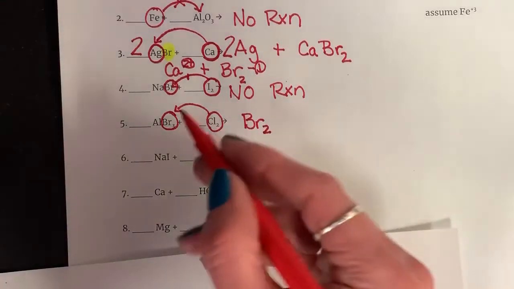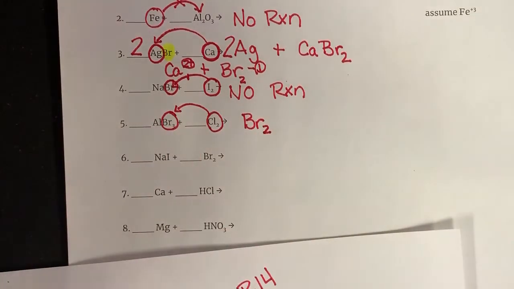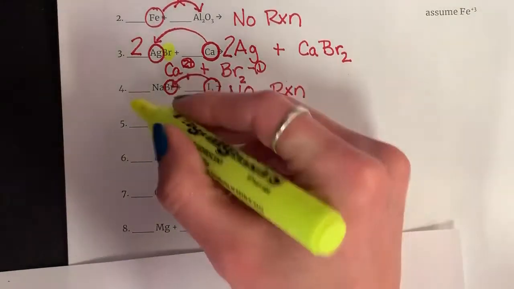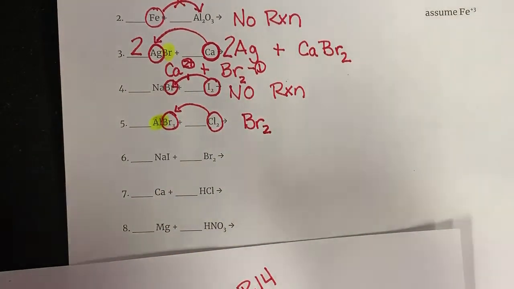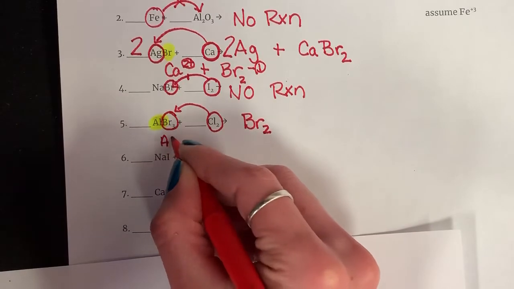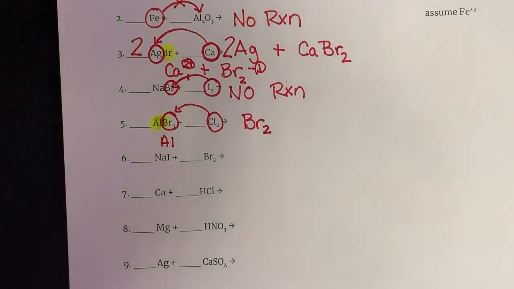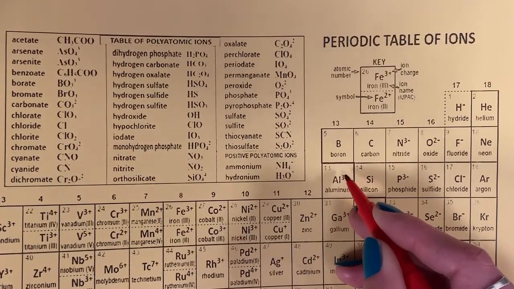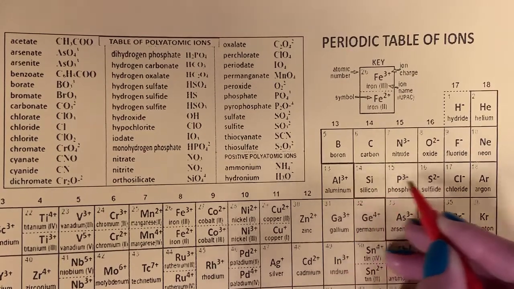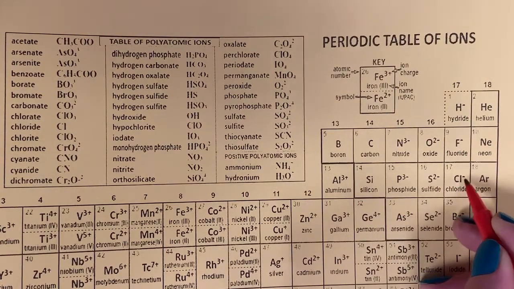Okay? Now, chlorine's going to take his spot. So he's going to partner up with aluminum. Aluminum, if I look at my periodic table, has a +3 charge, whereas chlorine only has a -1.